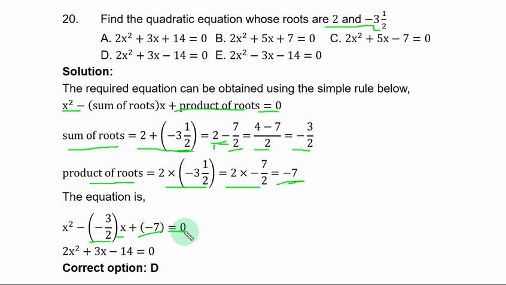Multiply through by 2 to clear fraction. So you have 2s squared. Minus times minus is plus. You multiply this term by 2, you have 3s remaining. Plus times minus is minus. Multiply 7 by 2, you have 14. By this, the correct option is D.